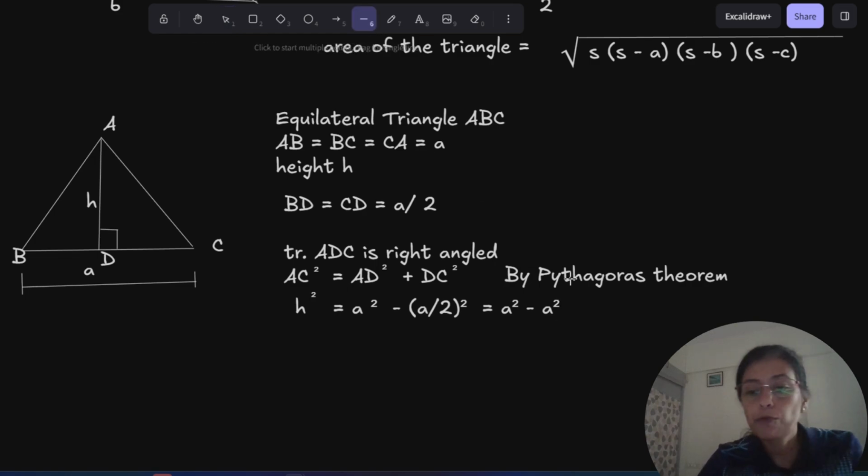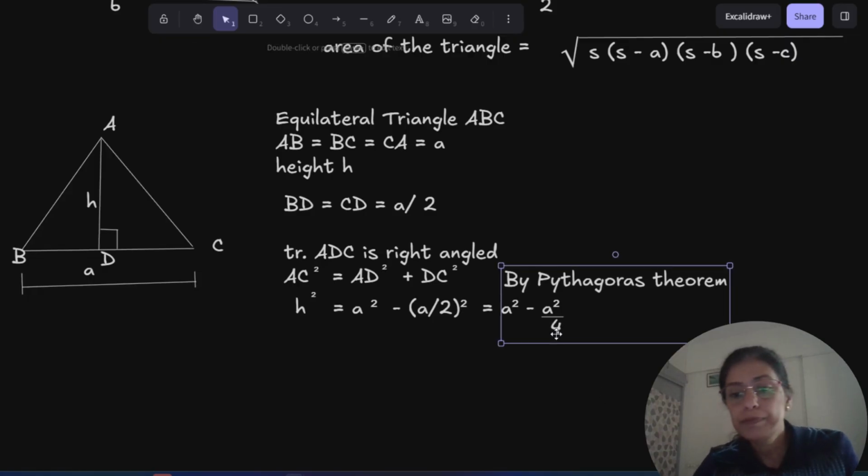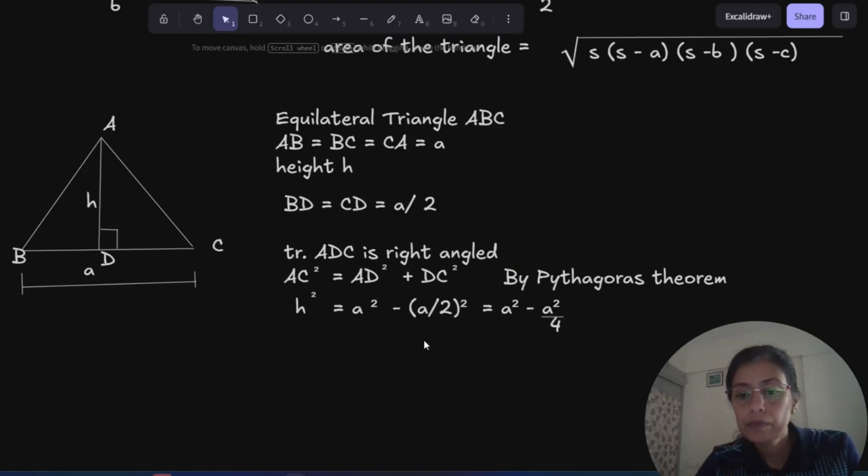A square by 4. So this is equal to 4A square minus A square by 4. This is going to be 3A square upon 4.